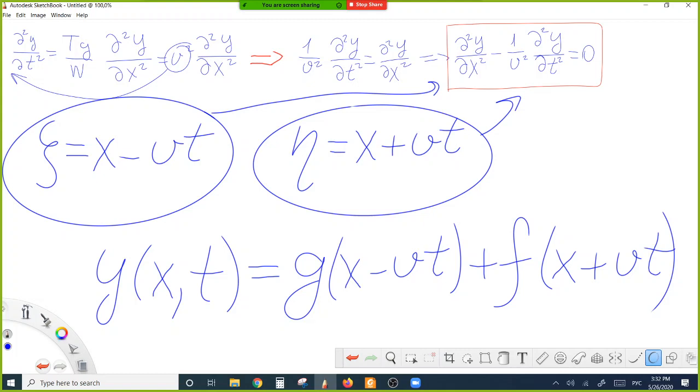where the functions g and f are arbitrary functions which describe the shape of the wave. Depending on the functions g and f, we can make a conclusion about the shape of the wave.